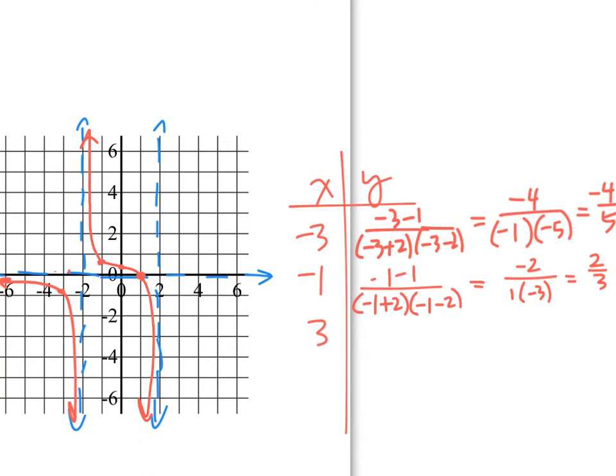Okay, last point, 3. 3 minus 1 over 3 plus 2 times 3 minus 2. 2 over 5 times 1. 2/5. So 2/5 is here. That means the graph is just going to go towards the asymptote.